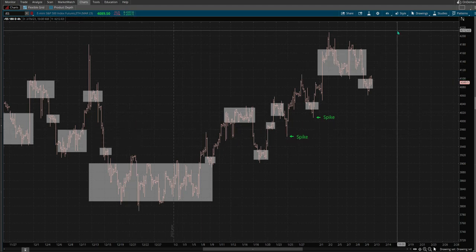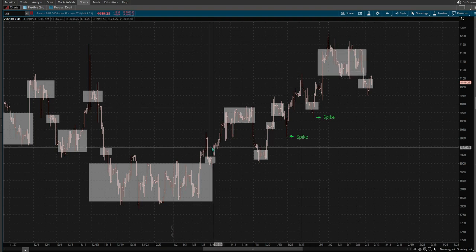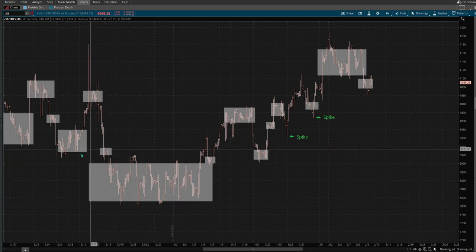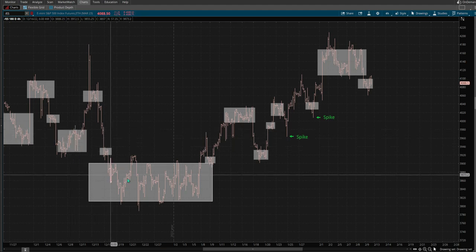This is a 4-hour chart, just to give you an example. On a 4-hour chart, you can see the top of this balance box would be considered resistance, and the bottom would be considered support. And of course you have little balance boxes here, and again this is resistance, that's support.